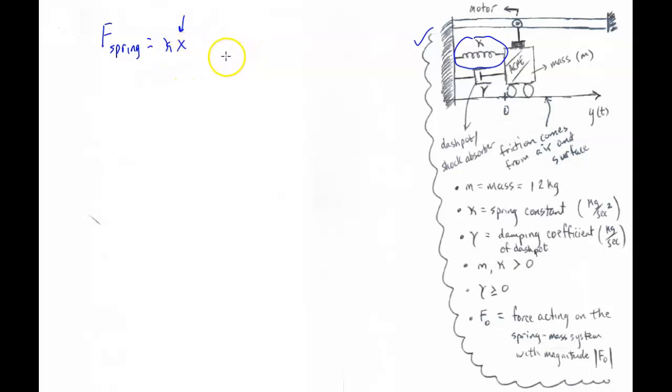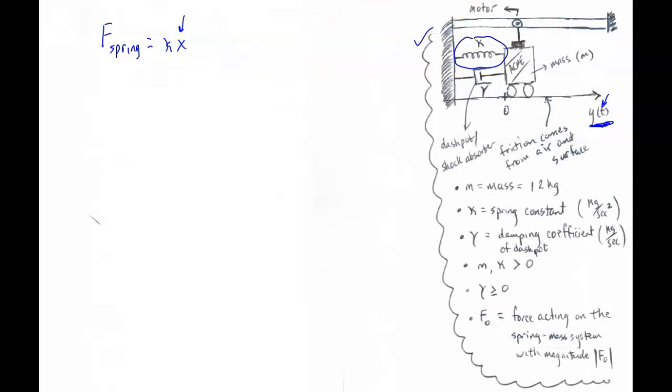We're going to change this up a bit because of the fact that we're calling position a function y and its independent variable is t. And we know that whenever we deal with Hooke's law, this x here is actually the distance from equilibrium.